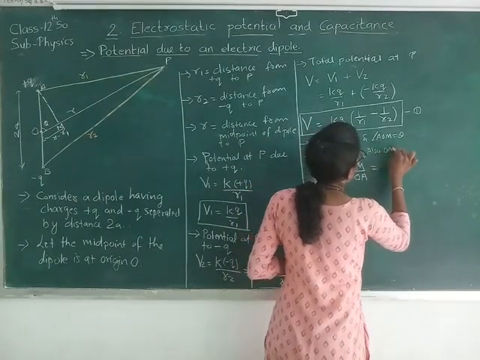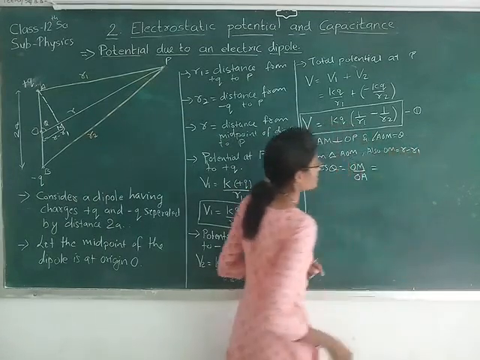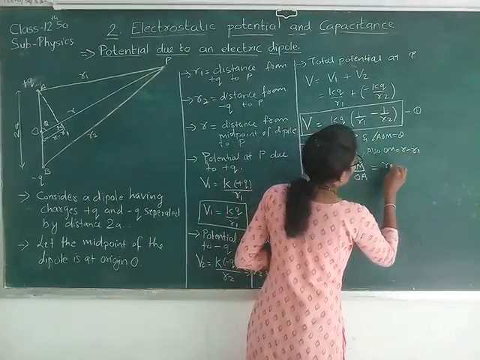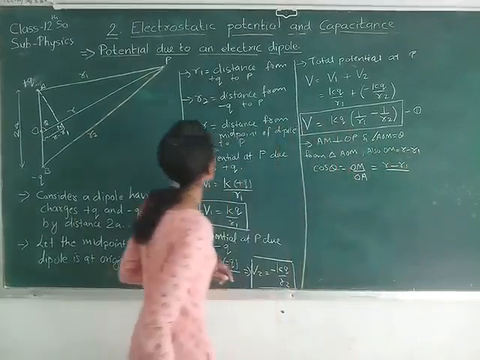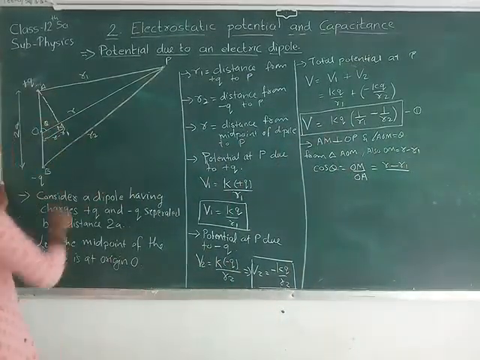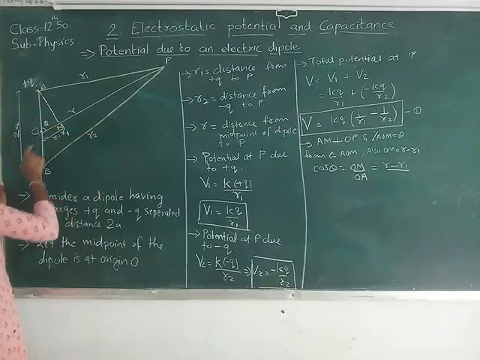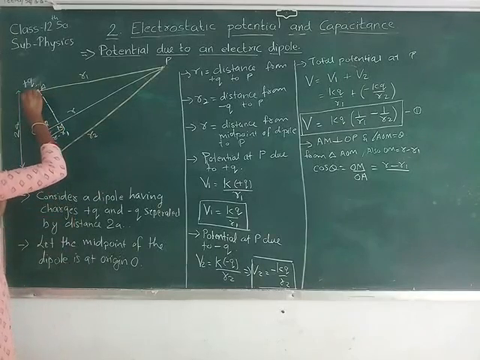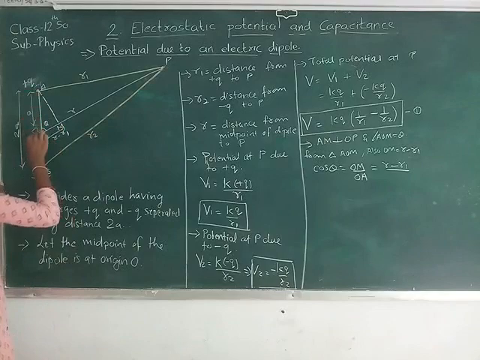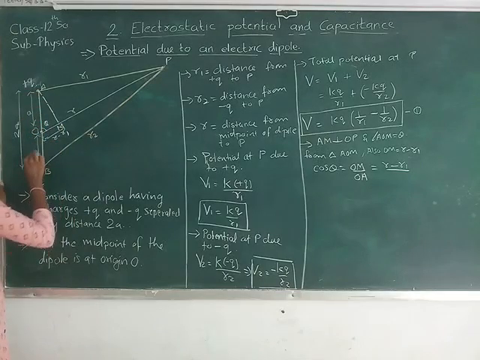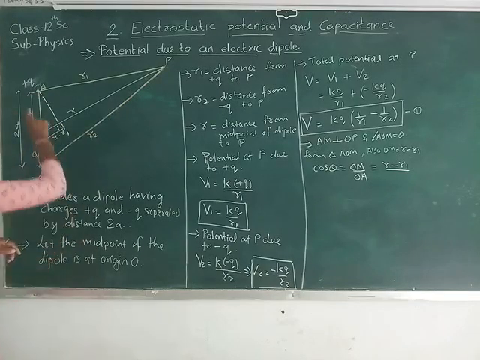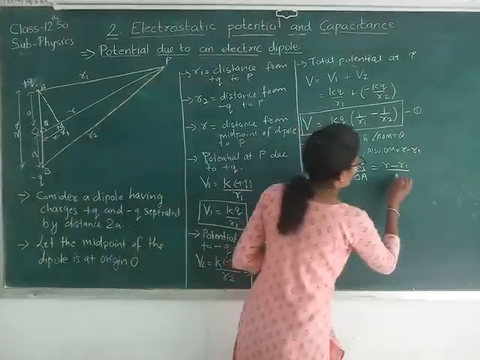Also ON equals R minus R1, upon OA distance. Here O is the midpoint of the dipole. So you can consider these distances, from O to A as well as from O to B, this distance is also A. So OA distance, that is A.